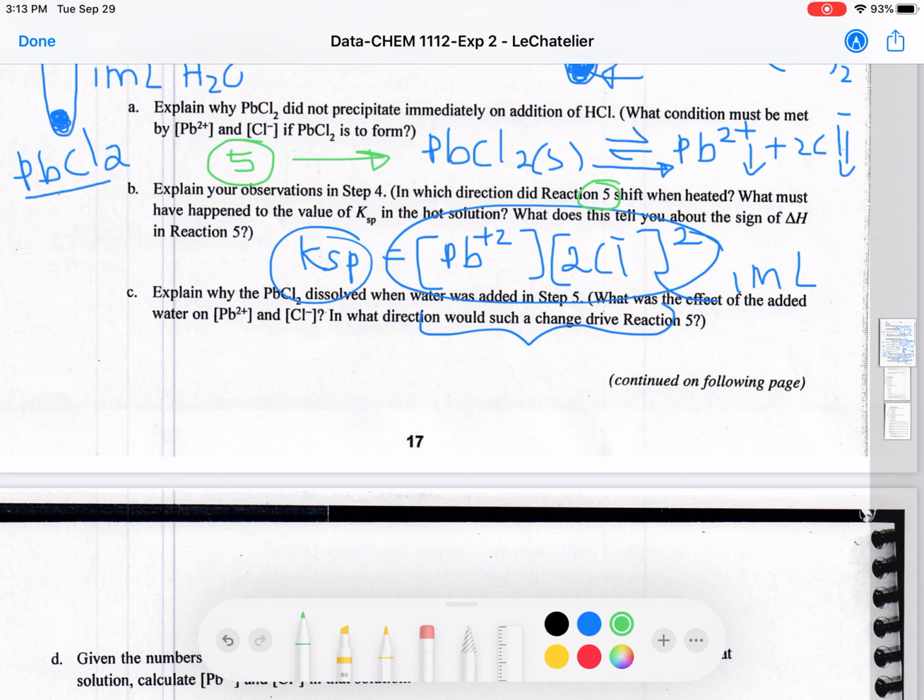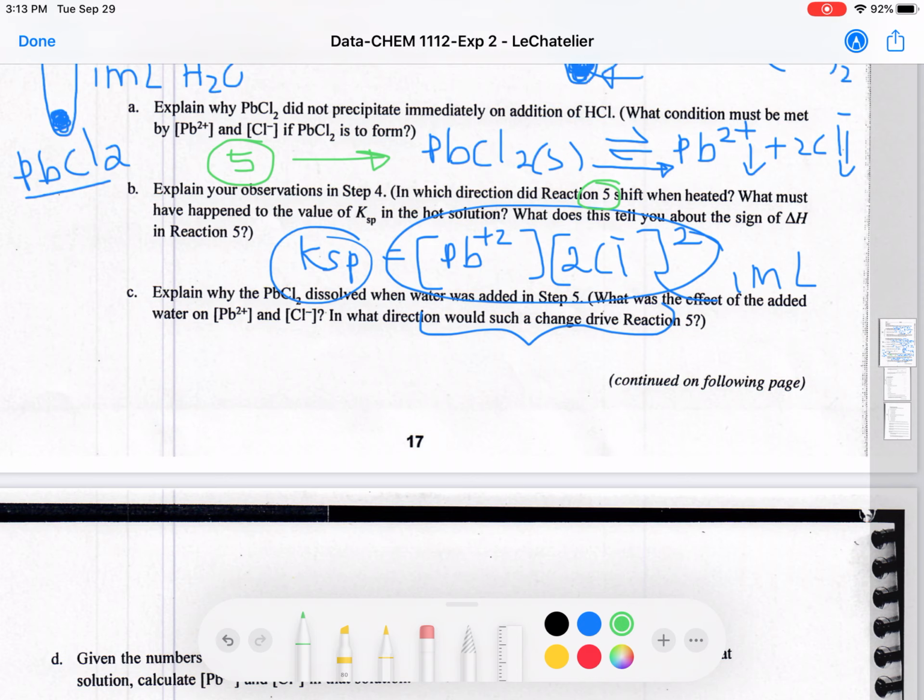Step 4, what did we do? We heated the reaction, lead chloride, once a precipitate had formed. What happened when you heat it? If you watch the video, when you heat, lead chloride becomes soluble. All the solid lead chloride, the white precipitate that you made by adding chloride, completely dissolved and formed lead ions and chloride ions.